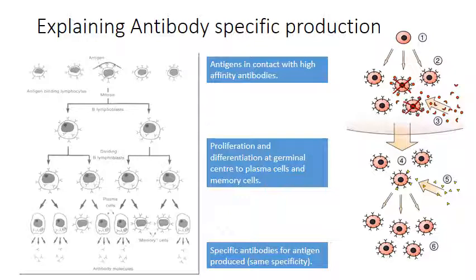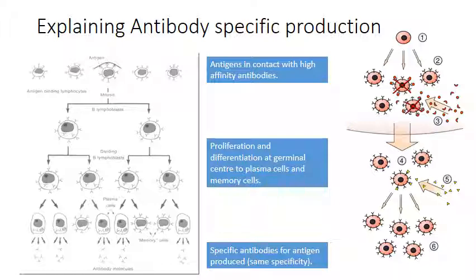We all know that plasma cells are activated B cells that will produce antibodies with the same specificity to the antigen, which means that they will not produce any antibodies to other antigens. Although antibodies of different affinities to the antigen might be produced.